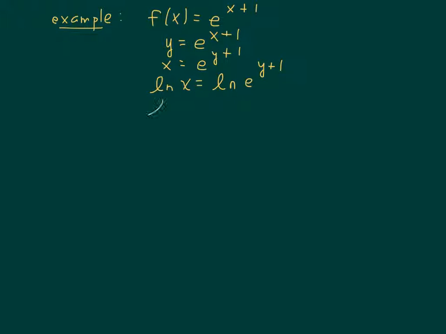From there, the natural log of x equals, these are going to cancel, the y plus 1 will drop down. From there, natural log of x, I'm going to have to subtract over 1. I now have my y alone, and that is the same, or it can be replaced with f inverse, and sometimes we write it with an x.